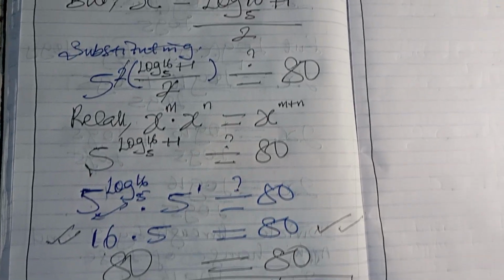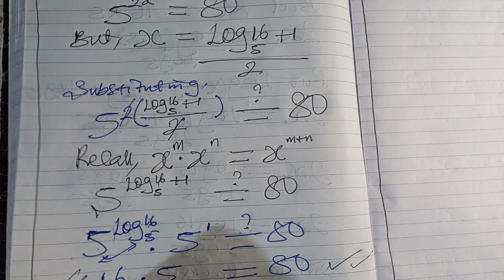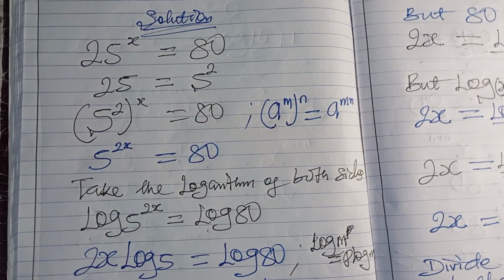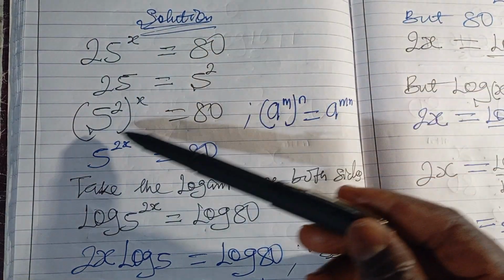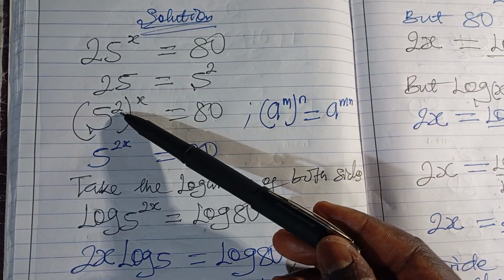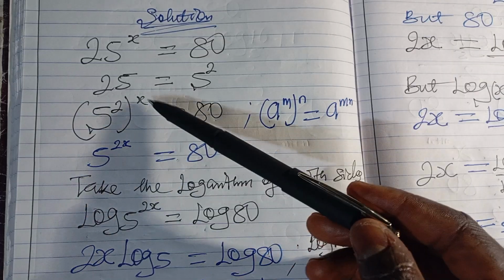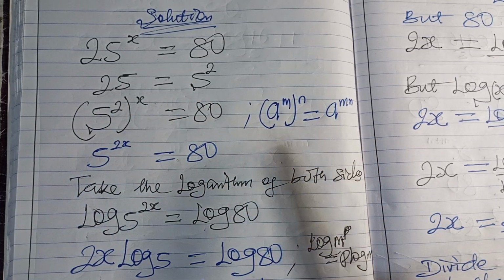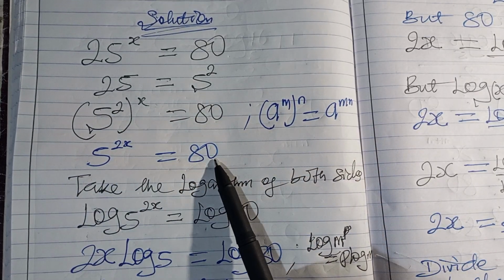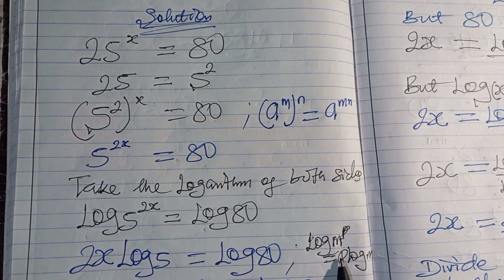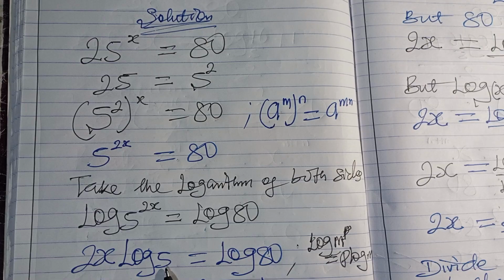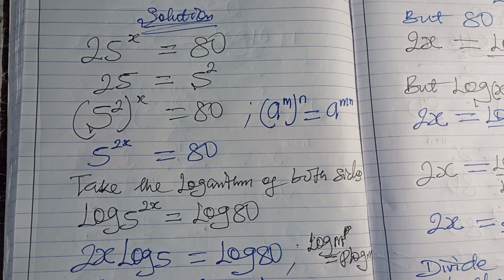Remember what I have done. We were given 25 raised to power x is equal to 80. To find x, we express 25 as 5 raised to power 2, all raised to power x. Then when you apply this rule, you see 5 raised to power 2x equals 80. Take the logarithm of both sides and apply this rule so that you have 2x log 5 is equal to log 80.